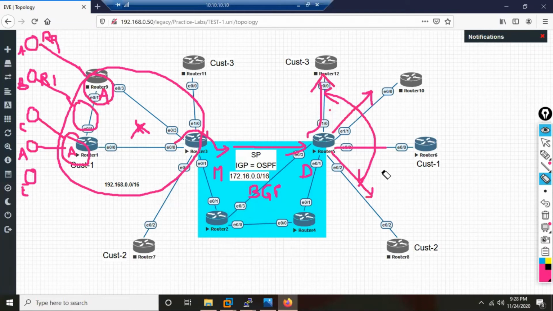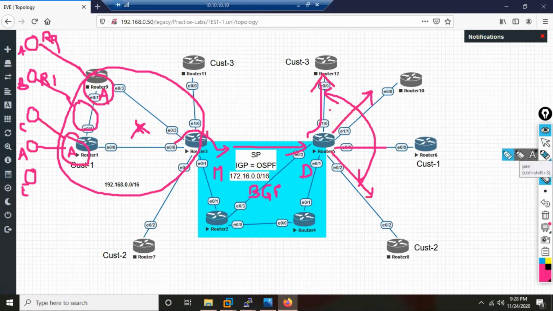This route C belongs to customer 3. That additional information is needed so that R5 will clearly say, okay, A, you go to customer 1, B, you go to customer 2, C, you go to customer 3, and this other A belongs to customer 2. How is it possible? How to do this?